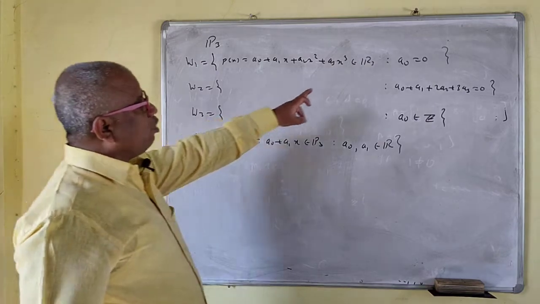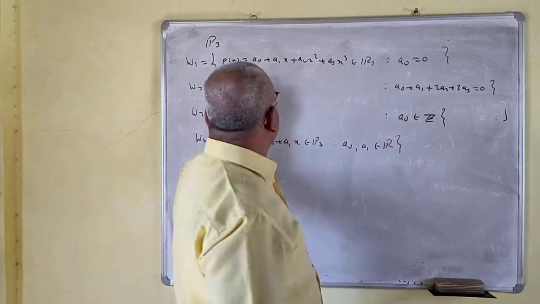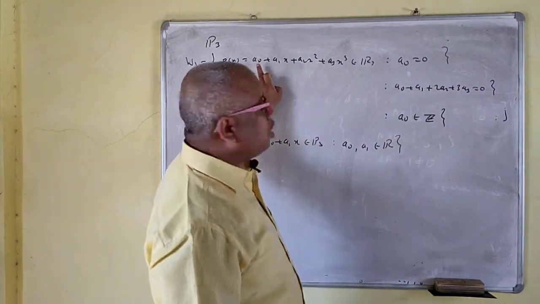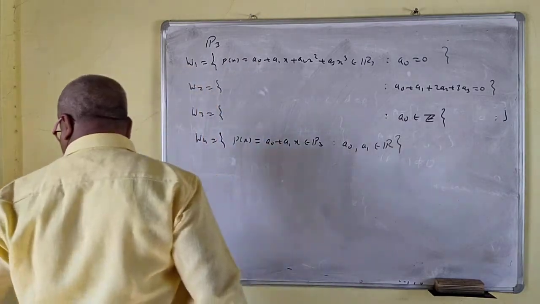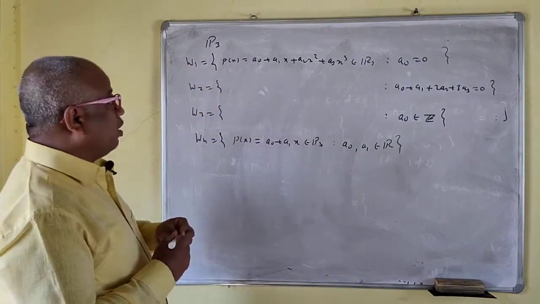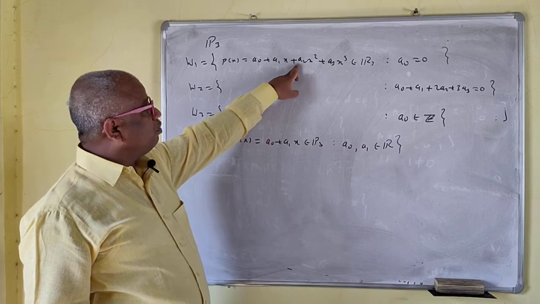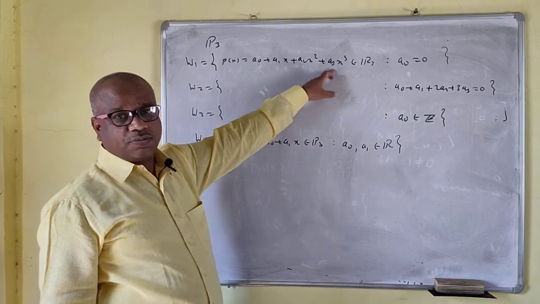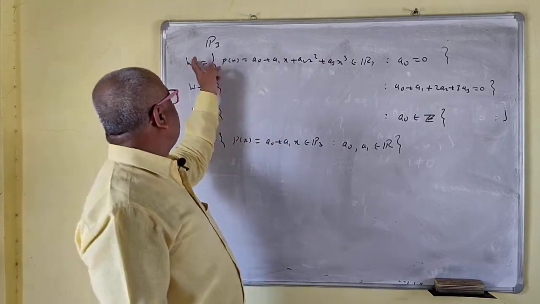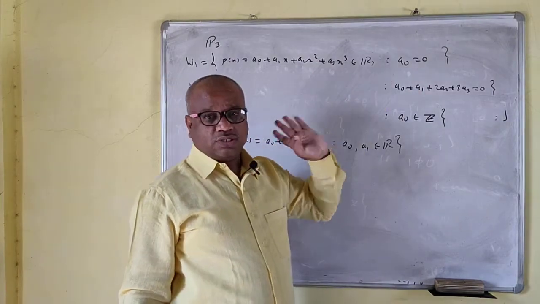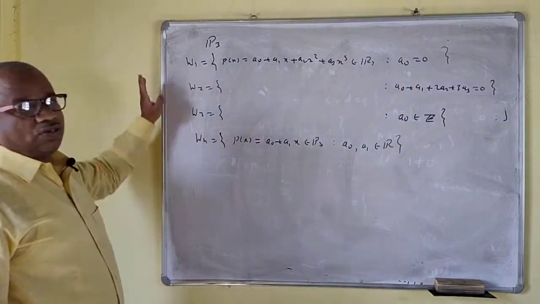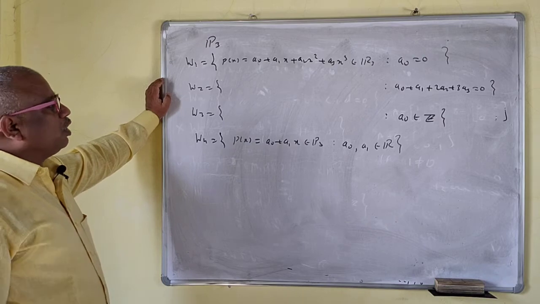Okay, so a0 is equal to 0. No problem for this one. The zero polynomial is what? 0 plus 0x plus 0x square plus 0x cube. This is the zero polynomial. It belongs to W1 because a0 is 0. So the zero polynomial is in W1.